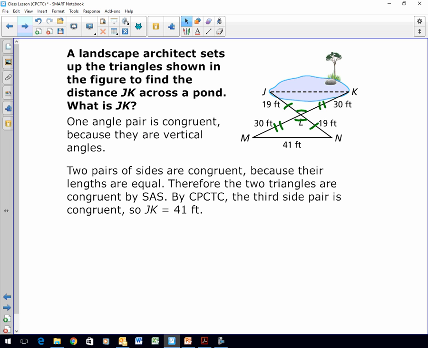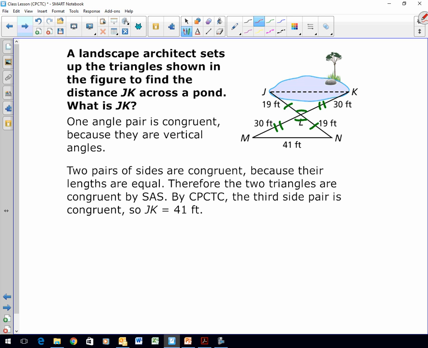SAS. Side, angle, side. So, Dylan, what is the distance from J to K? Perfect answer. It's congruent to MN.